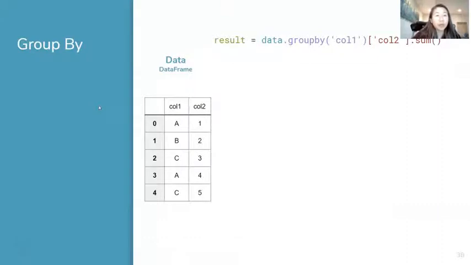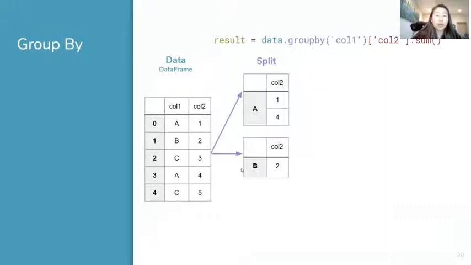The next thing we're going to learn about is groupby. In data frames, you could group by column 1 and column 2, and then sum them up together. For example, if we group by column 1, we're going to group A's together. So that gives you 1 and 4.